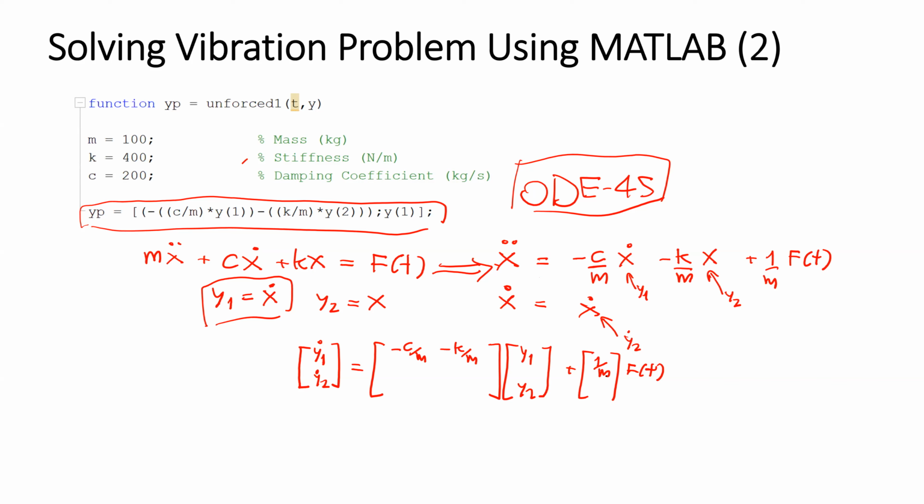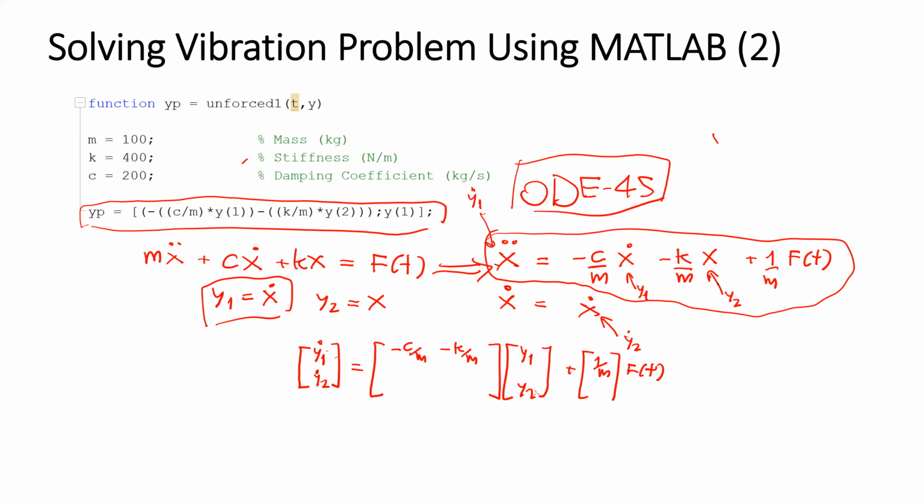Okay, the first equation here corresponds to this one. Y1 dot is x dot dot, and minus c per m multiplied by y1. Y1 here is x dot, minus k per m multiplied by y2.